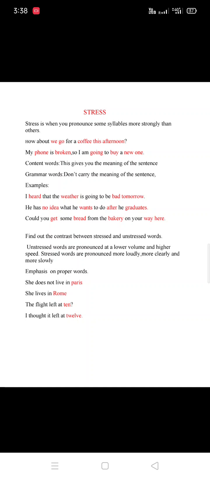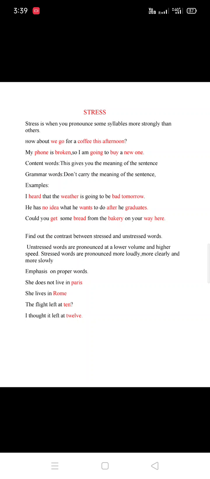Regarding sentence stress, at first, we have to identify which are content words and which are grammar words or structure words. Then, we have to give emphasis or stress on content words. Content words are the most important words in a sentence, and they give you the meaning of the sentence.